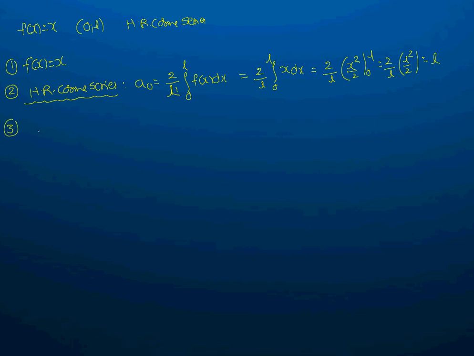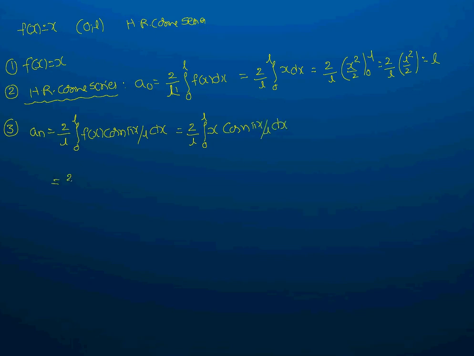Next one, which value exists for the cosine series? An value. An is equal to again 2 by L integral 0 to L f of x into cos n pi x by L dx. That is equal to 2 by L into integral 0 to L, f of x is x, cos n pi x by L dx.